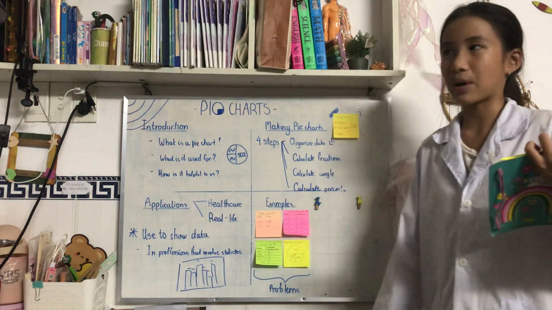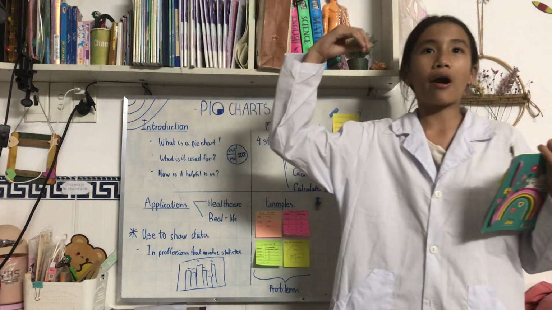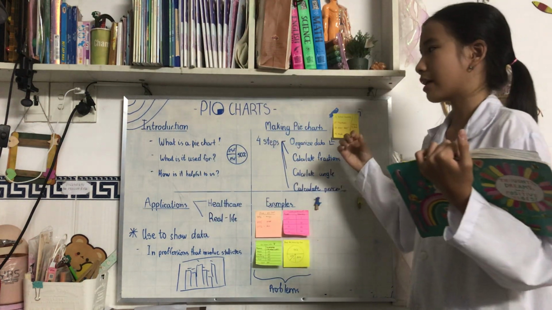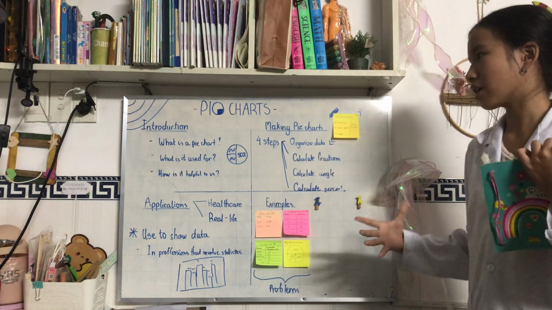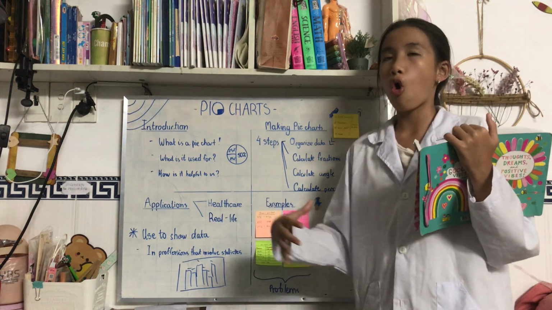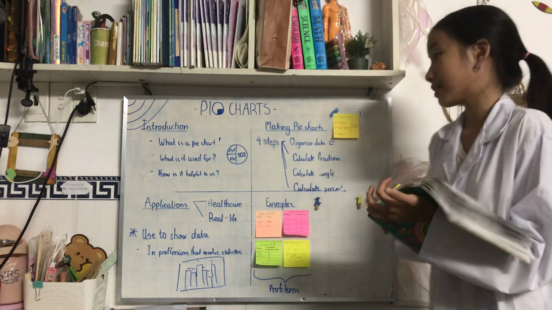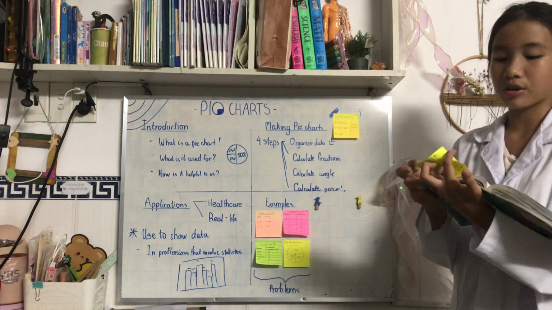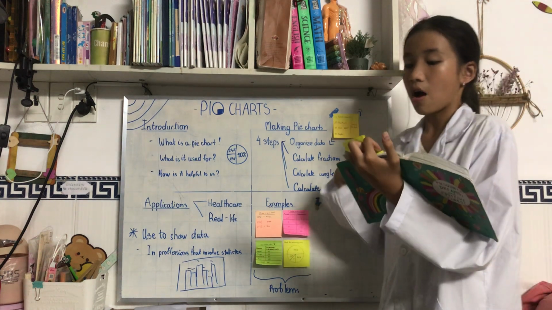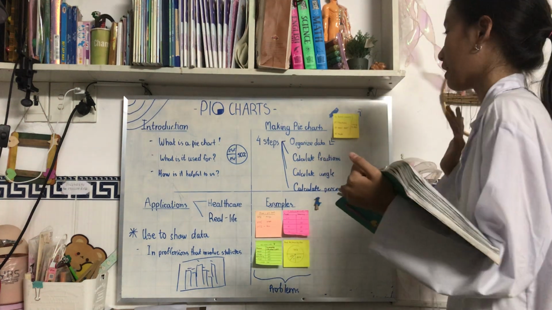We can express it in slices or parts. If you have ever seen a pie chart, it looks like a piece of cake or a pizza or a pie. How is it helpful to us? Well, it is helpful for comparing the relative sizes of groups of data and helps to organize data as well.